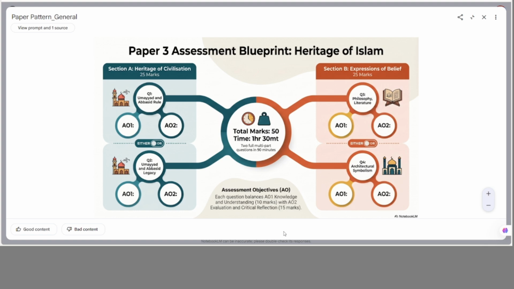Here you have a lot of options. In Section A you can choose from 2 questions. In Paper 1 the first question was compulsory, the Quran and hadith, but here question 1 is not compulsory. You have a choice: question 1 and question 2 in Section A, and question 3 and question 4 in Section B. The first 2 questions pertain to the Islamic empire, its contribution and its influence upon Muslims today.